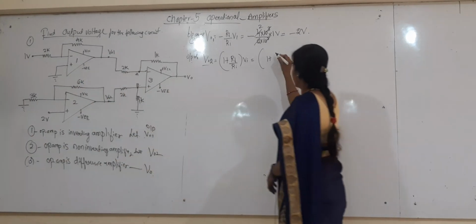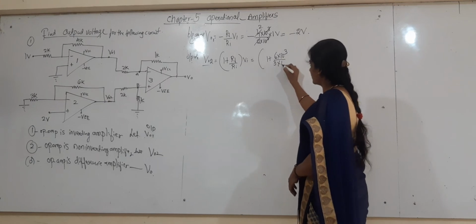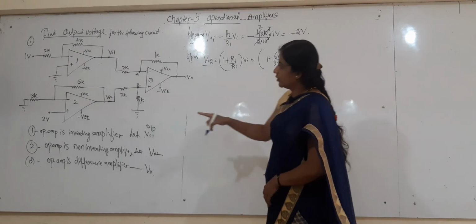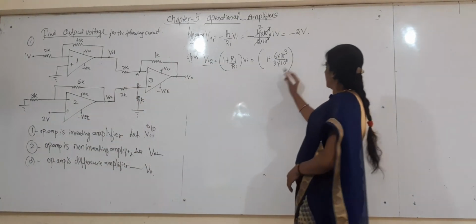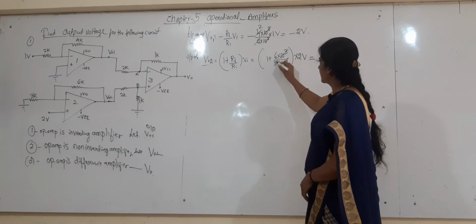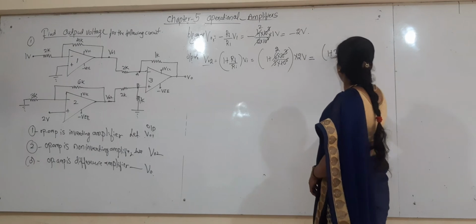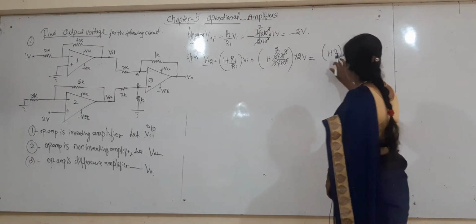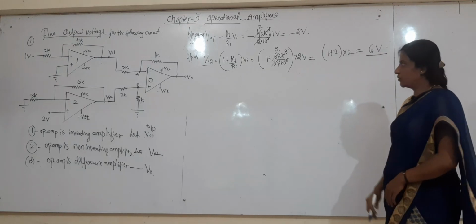So 6 kilo divided by 3 kilo, and the input to this is 2 volt. Kilo cancels, that is 1 plus 2, into 2. So that is 3 into 2, which is 6 volt.